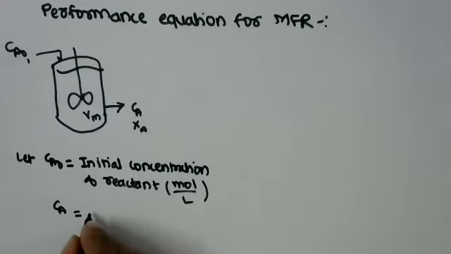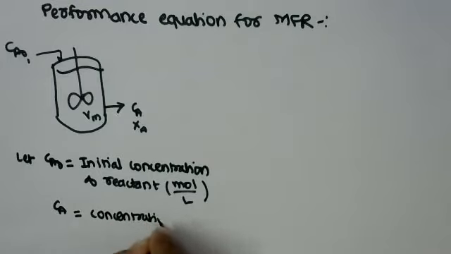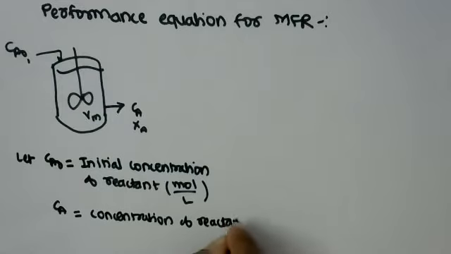Ca is the concentration of reactant at time t. The unit will be again mole per liter.